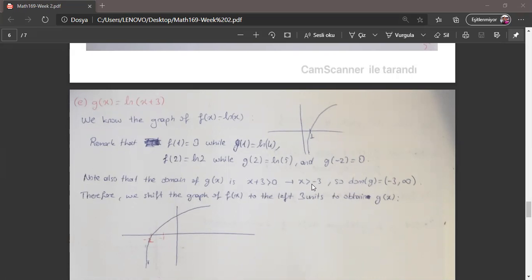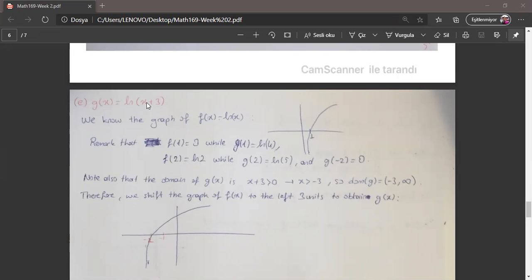It means x can take values from minus 3 to infinity. Also remark that g of minus 2, when we put x equals minus 2, we get ln of 1, which is 0. Now the function that we will find the graph of should be 0 at this point, minus 2. So here we have x plus 3, right?